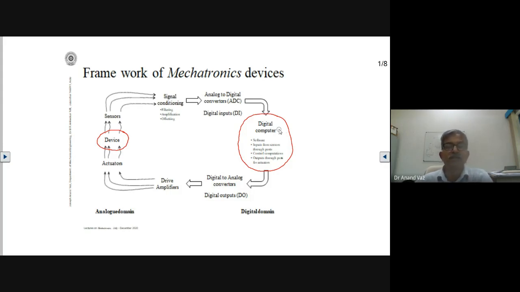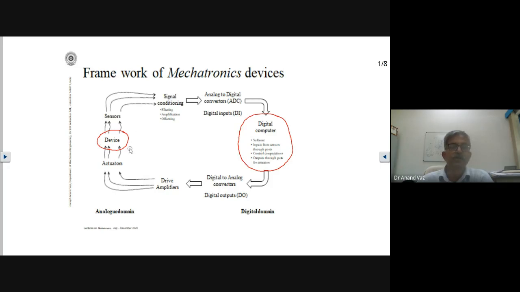You have to understand each part of this framework. In the later part of our lectures on mechatronics, we will discuss the devices, the physical aspects of some of these important devices.